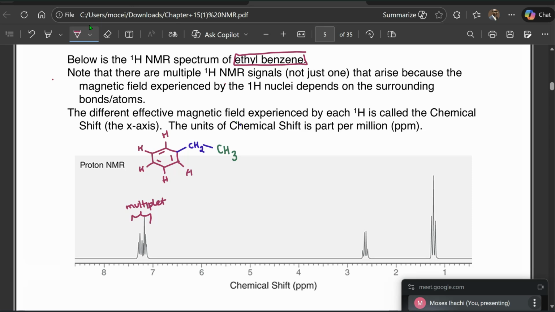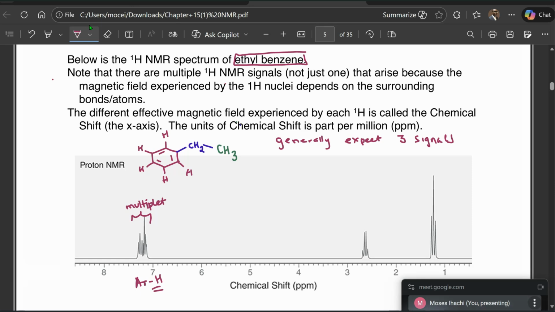However, for this one, generally I expect 3 signals. I know the multiplet comes from the word multiple. But I'll take those aromatic hydrogens as a group showing up around 7. You know why? It's an aromatic ring.